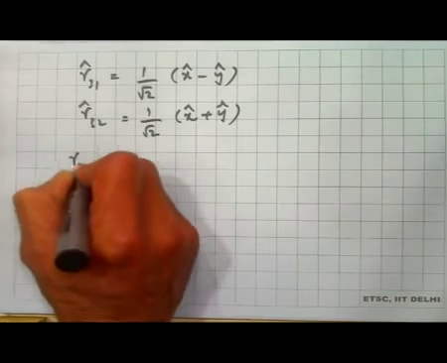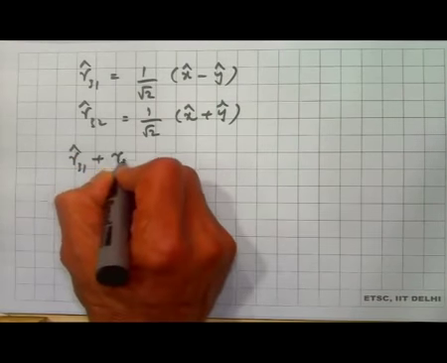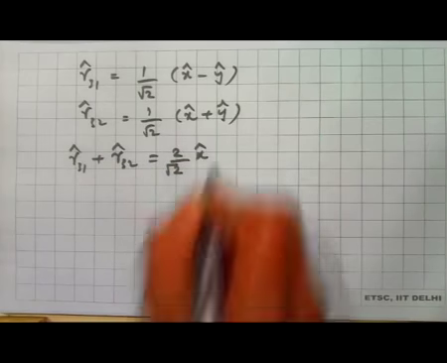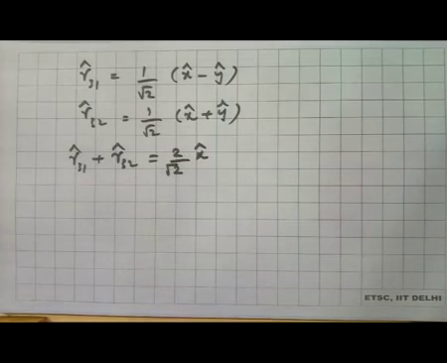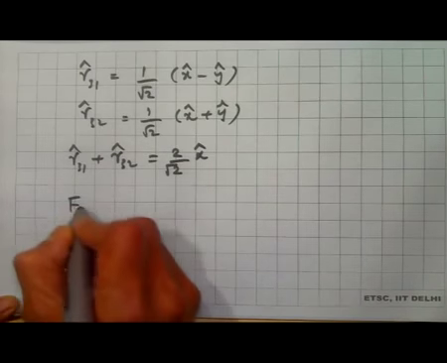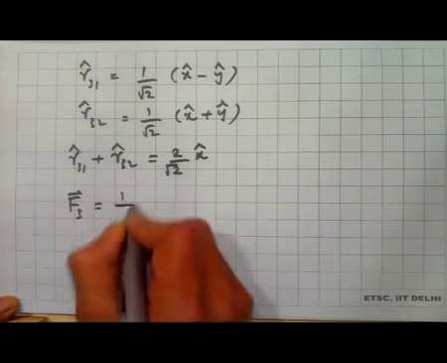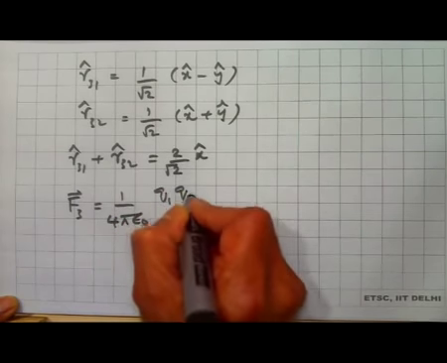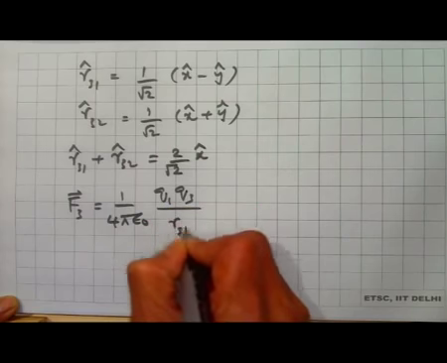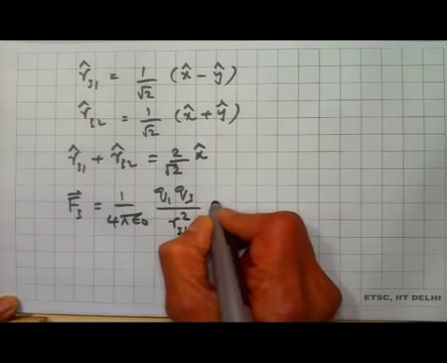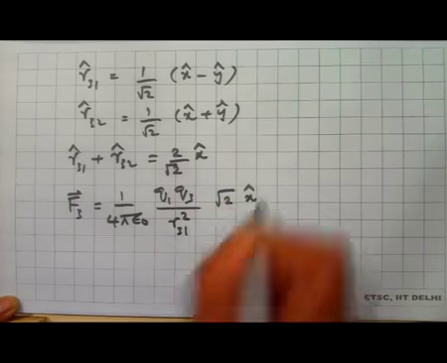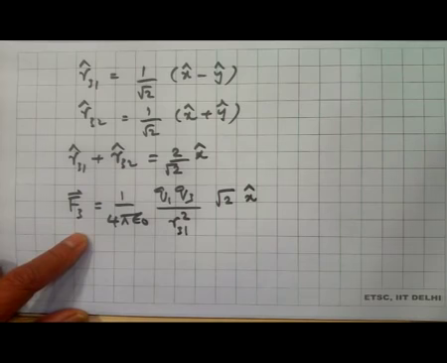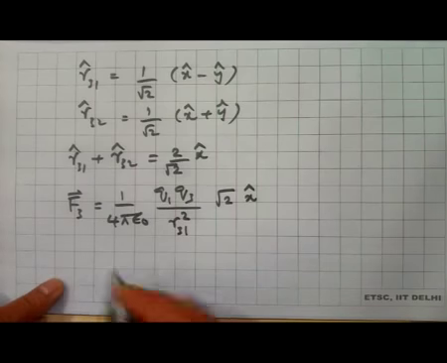So, R 31 cap plus R 32 cap is 2 by root 2 x cap. So, the total force becomes 1 by 4 pi epsilon 0 q 1 q 3 divided by R 31 square into square root of 2 x cap. So, the force has only an x component, it has no y component.